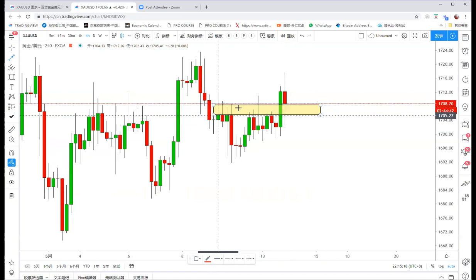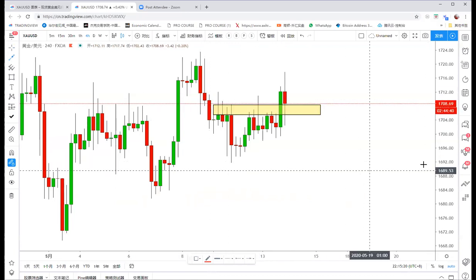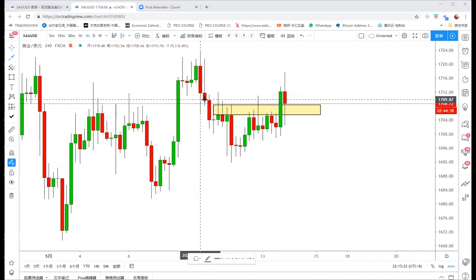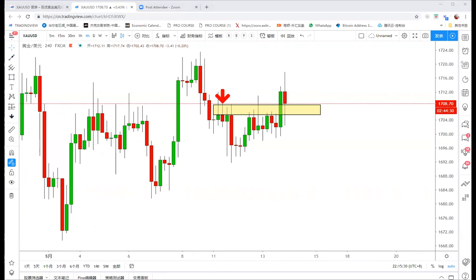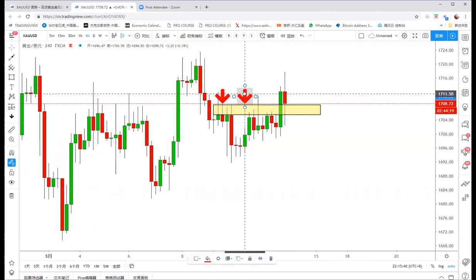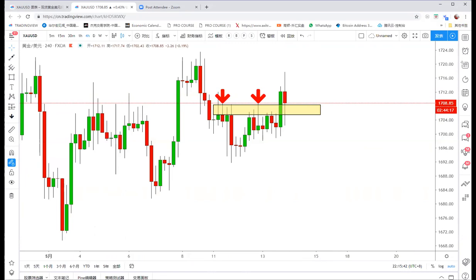As you can see, we have this resistance structure. Can you see that? If you can see this, please reply with 5. This was previously acting as a resistance, correct?